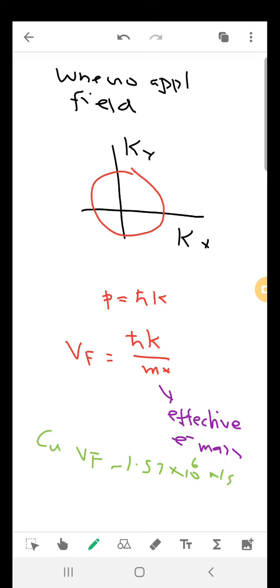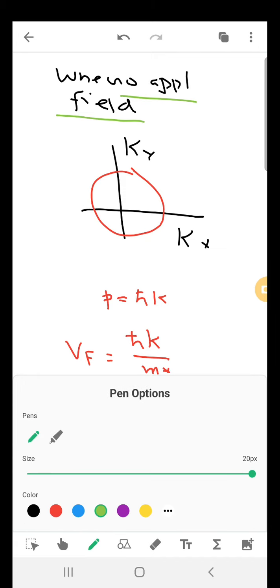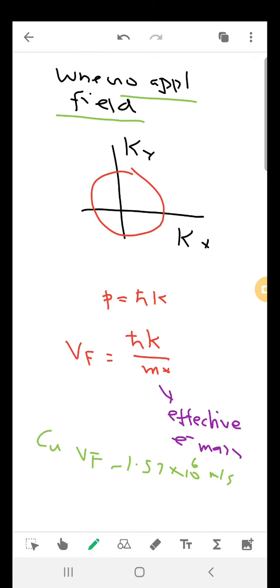Application of a magnetic field. Now this is with no magnetic field. Now what we are doing, we are applying a field. So as we have seen, due to the field, a drift velocity arises. So there will be a shift of this Fermi circle in the positive direction. Suppose the electric field is applied in this direction, so it will actually shift like this.